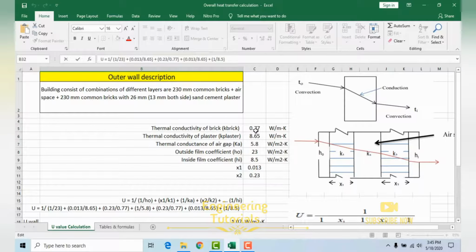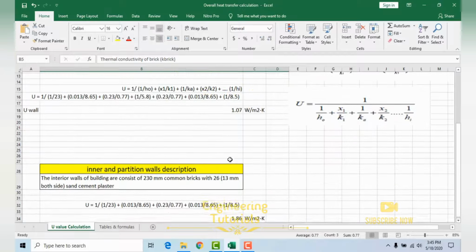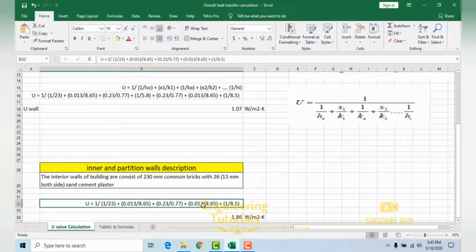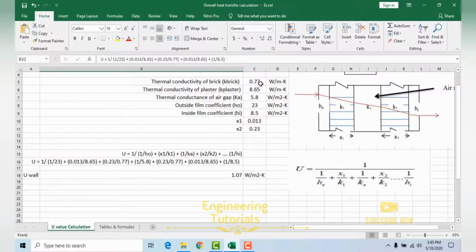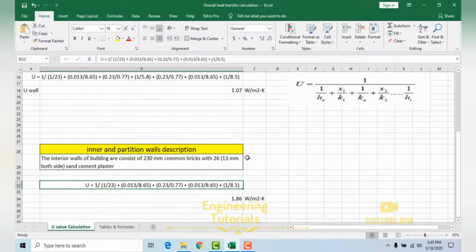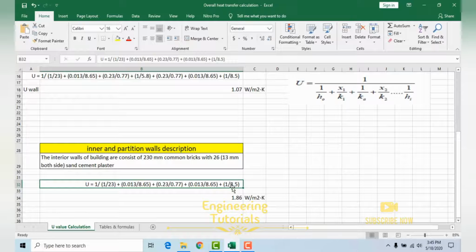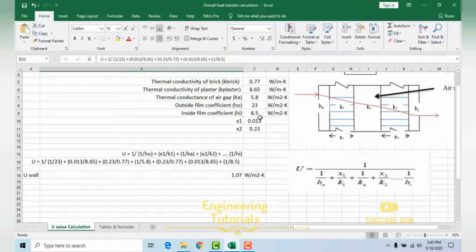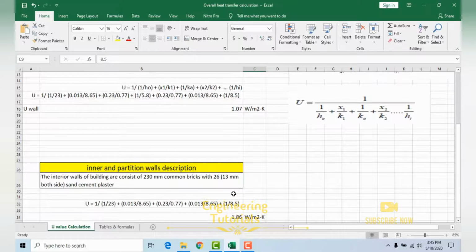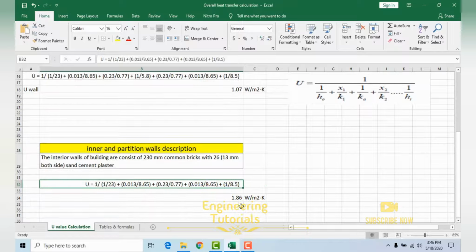You can see 0.77 is the thermal conductance of the brick, plus cement on the other side, that is 13 mm, divided by the thermal conductance of cement, which is the same 8.65, plus 1 divided by Hi, the inside film coefficient. The inside film coefficient is 8.5, so 8.5 over here.